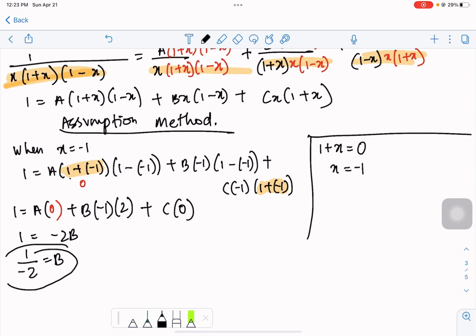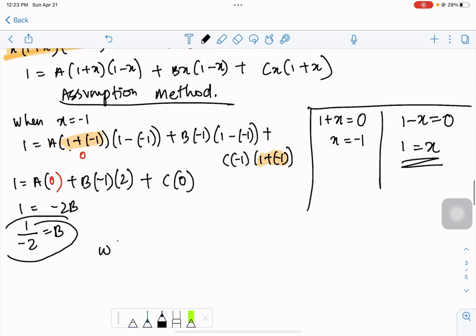So we got the value of b. Now take the other bracket. 1 minus x equals 0, so x equals 1. So when x equals 1, wherever there is x, open the bracket and replace.